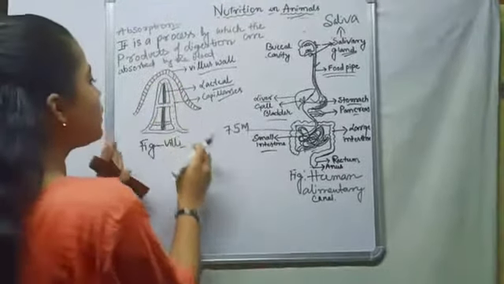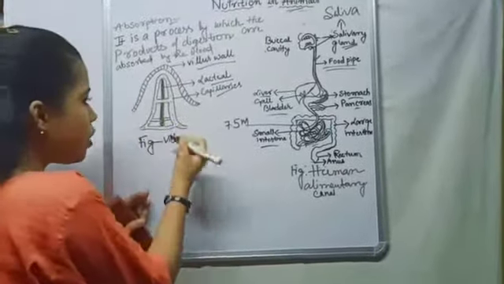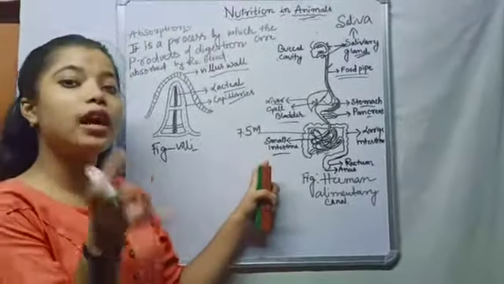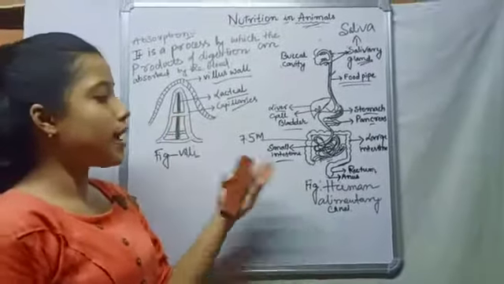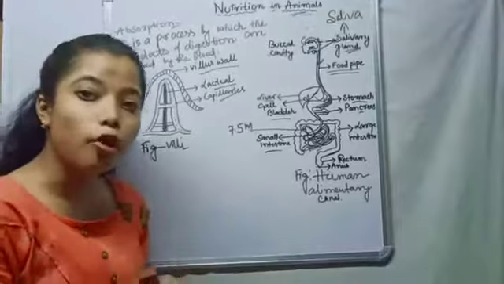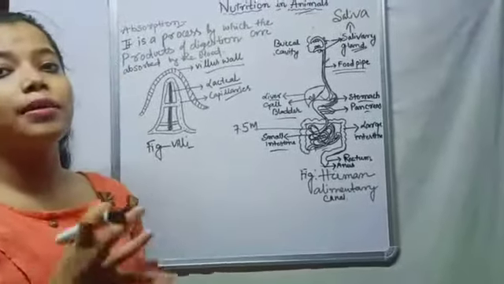So it is a finger-like shaped outgrowth present in the small intestine, and it generally absorbs the digested products directly into the blood, and the blood circulates all over the body and helps to maintain the body's mechanisms. Okay.